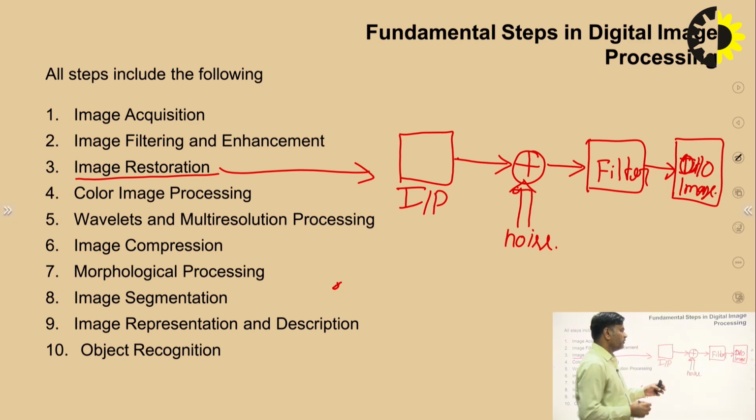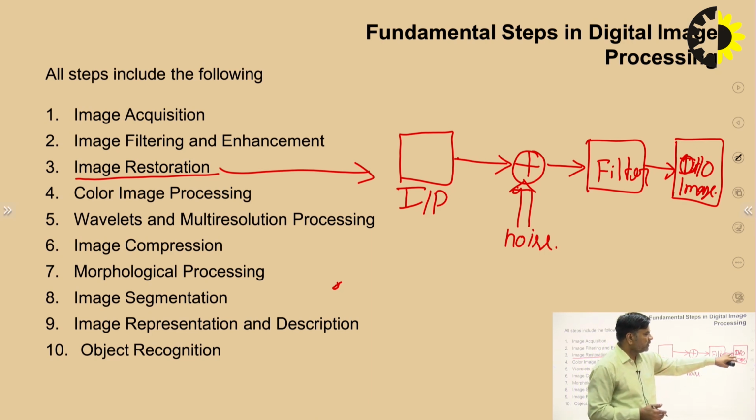Here we choose the word estimated because in this process we first have an input image, we degrade its quality by adding noise, and after that we apply multiple filters and get the estimated output image.